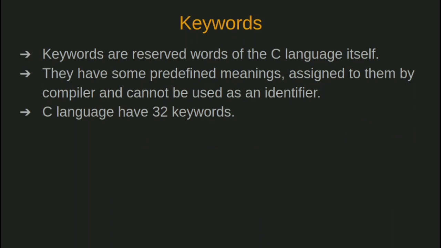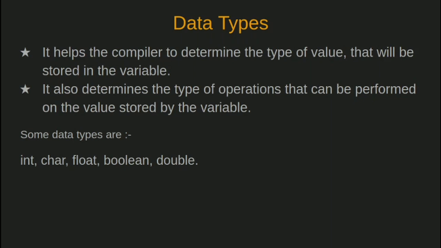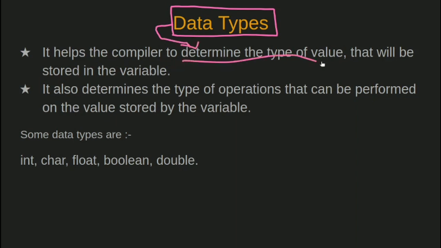Now that we know what keywords are, let us discuss data types. What is a data type? A data type is a keyword which helps to determine the type of value that we are going to store in a variable.